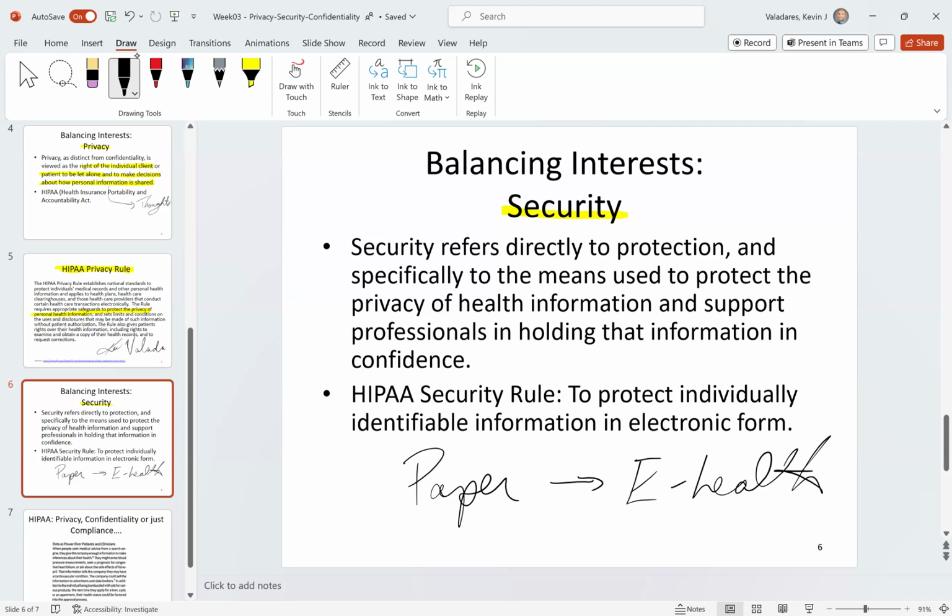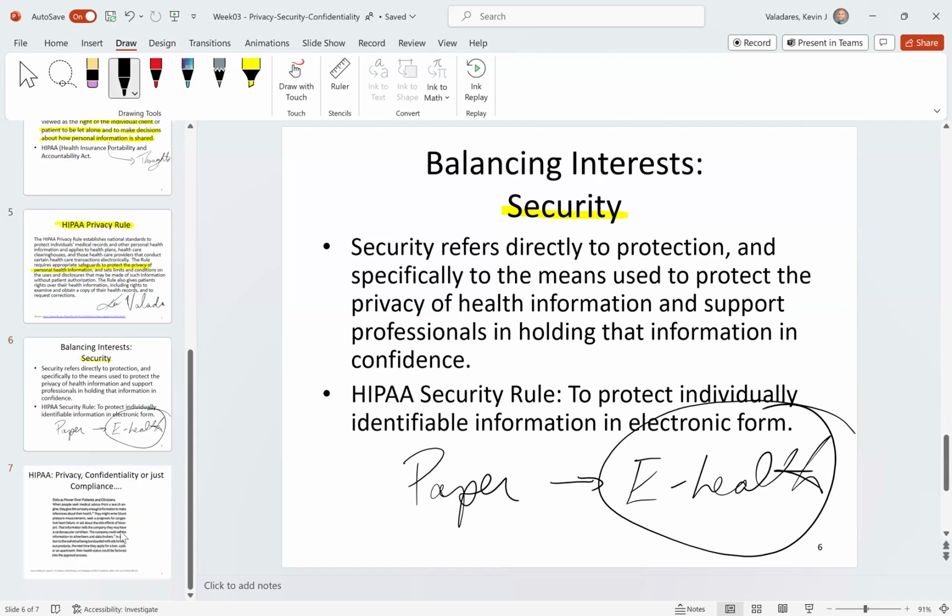So the security perspective, though, as we easily transfer health information from setting to setting, it is certainly an issue of security. It's probably not as, what's the best way to say this? It's not as much of a priority as the Privacy Act, but it's still a key portion.